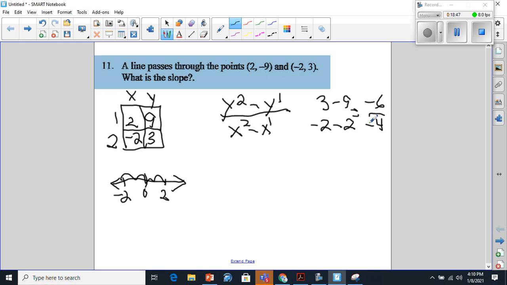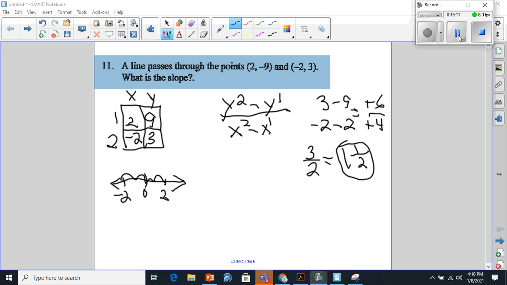Remember, a negative divided by a negative is a positive. And 6 over 4 is the same thing we had over there. That gives us 3 over 2 when reduced, which turns into 1 and 1/2. So no matter how you use it, the slope will be 1 and 1/2.